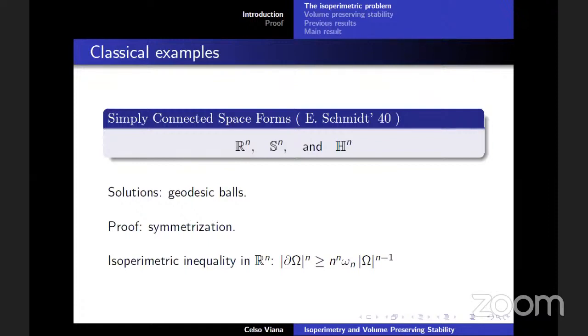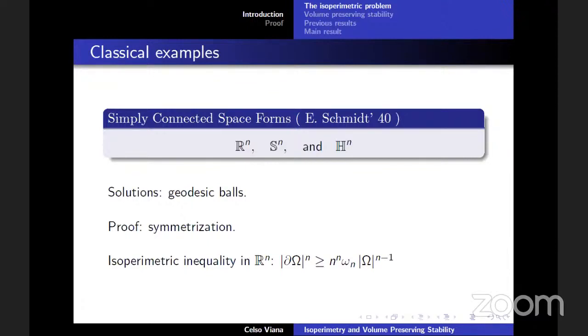We have many proofs of this result by now, but I guess the most famous one is the one that uses symmetrization techniques. This technique is very appropriate in this setting because we have reflections with respect to any point and any direction. This important property is also available in the round sphere and in the hyperbolic space, and we have similar characterizations there.